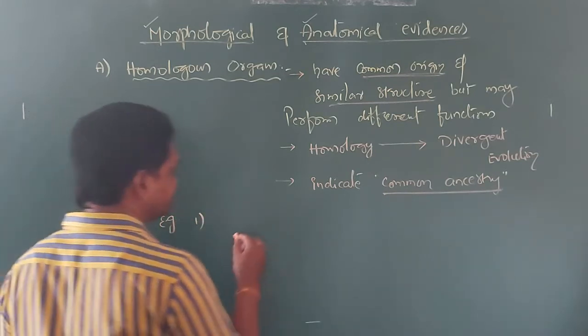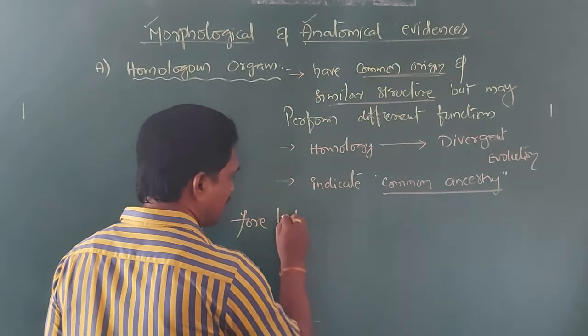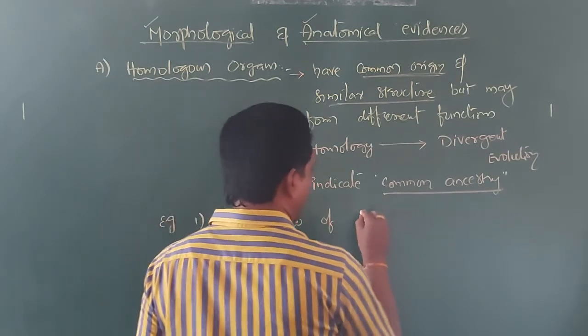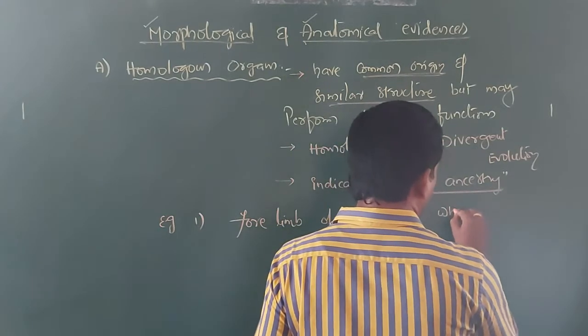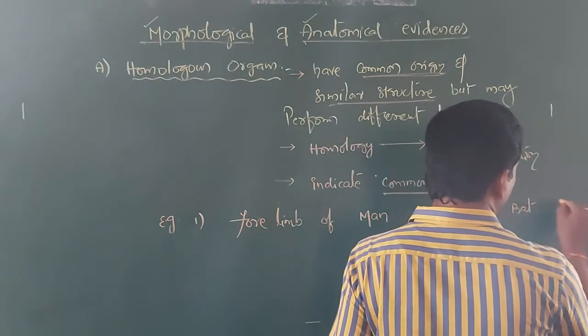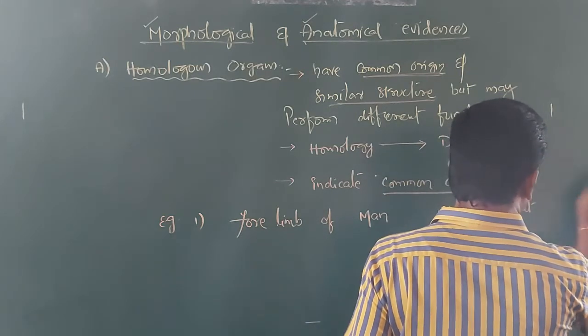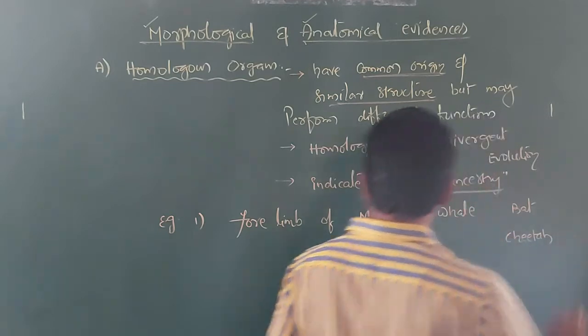Number 1. Forelimbs of man, whale, bat and cheetah. What are they?